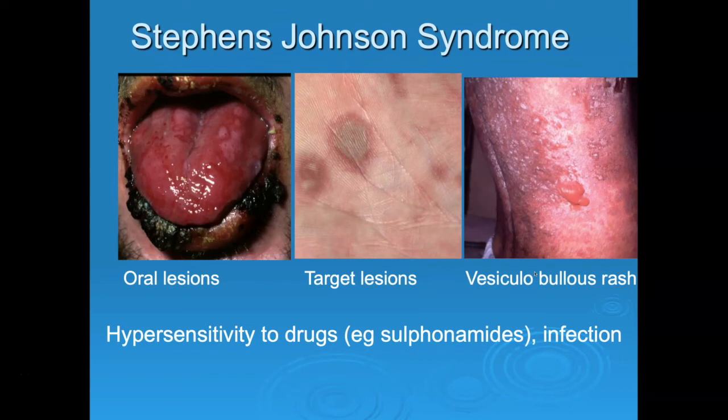A very nasty form of inflammatory conjunctivitis is the Stevens-Johnson syndrome. This is a basement membrane autoimmune disease, often kicked off by infection or antibiotics. And being a basement membrane disease can affect not only the mucosa, such as on the tongue and the oral cavity, but also the skin.